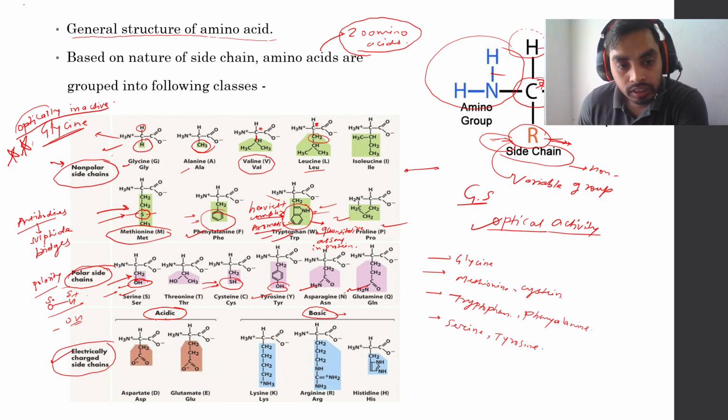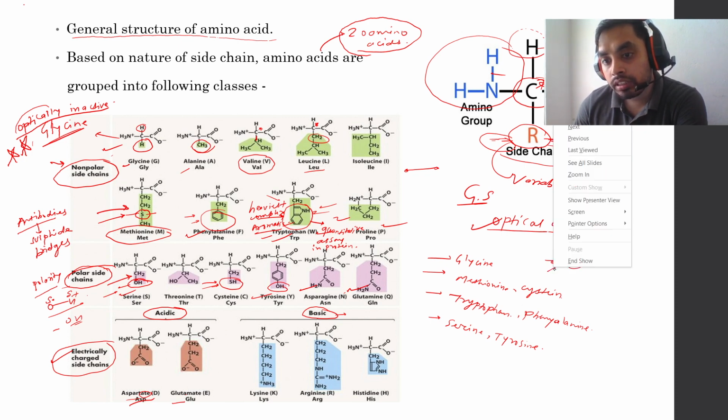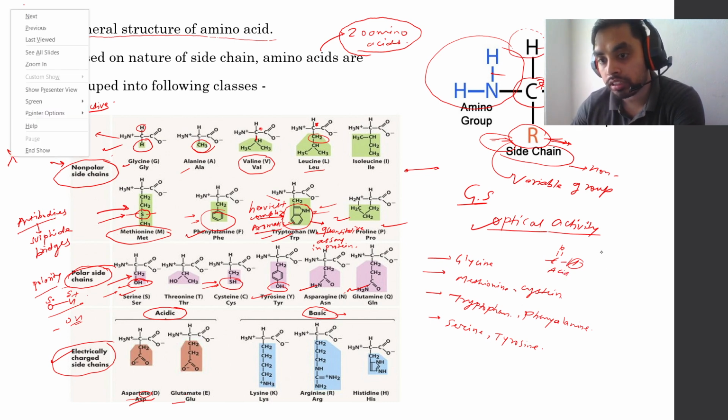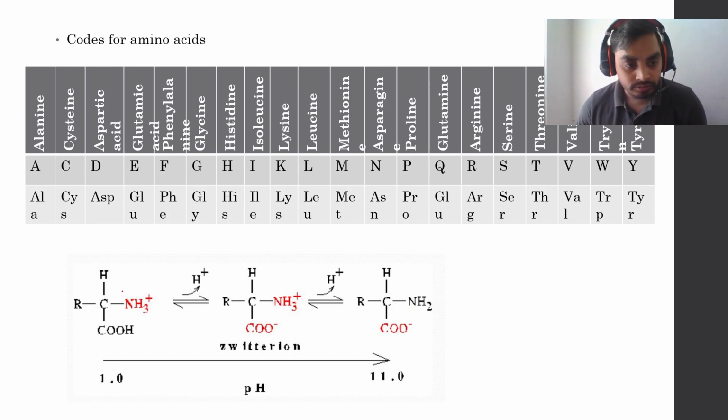And so there are two acidic ones, that is aspartic acid and glutamic acid. So aspartate and glutamate. But why is it not aspartic acid, but aspartate? Because when hydrogen is lost from the carboxyl group, it was an acid, now it becomes something else. The suffix changes.